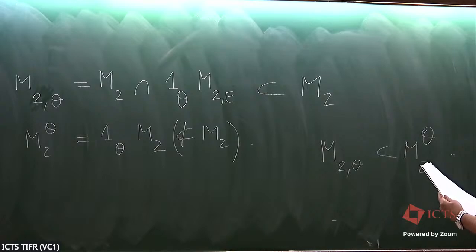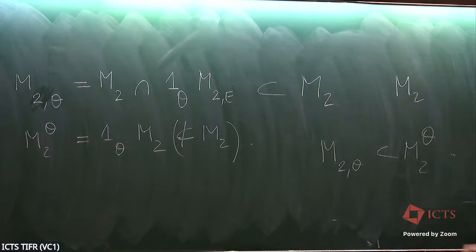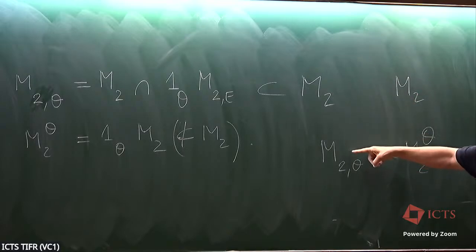So what we do now is, how can you characterize this module? This module is the largest sub on which T2 acts through T1 by theta.